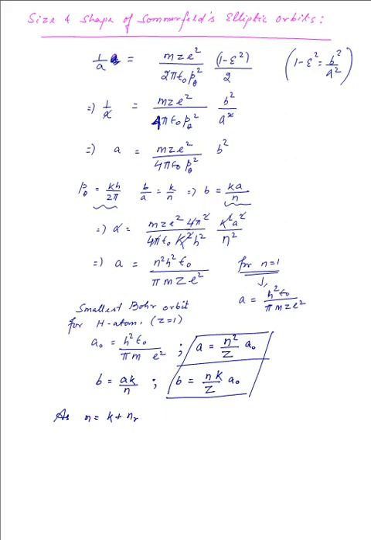This means that for a given n, there are n orbits of different eccentricities, as per the condition b by a equal to k by n.